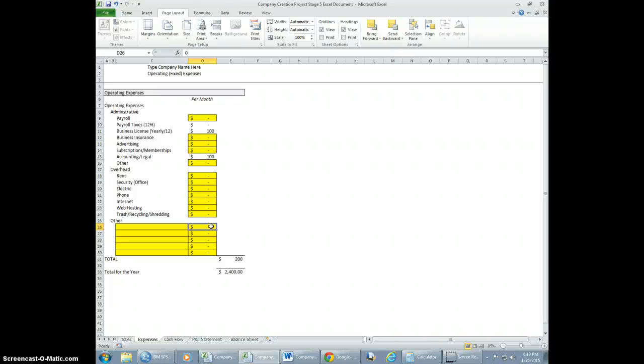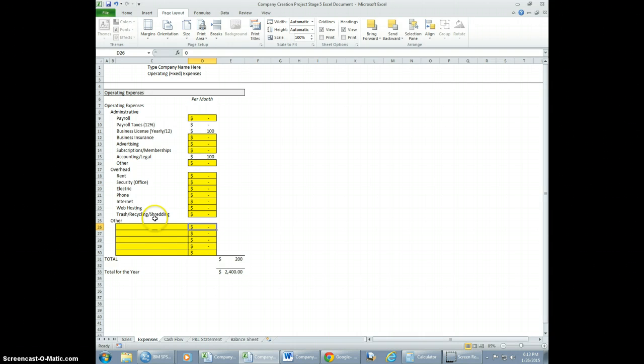Again, all of the information and decisions that you make within this particular segment of the stage need to be justified, based on research of what these costs are, and research in terms of what type of costs a company that is like yours or that is offering a product like yours would typically take on.